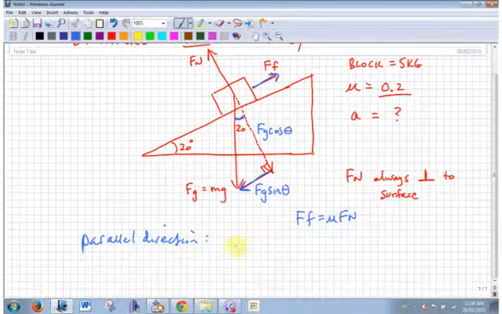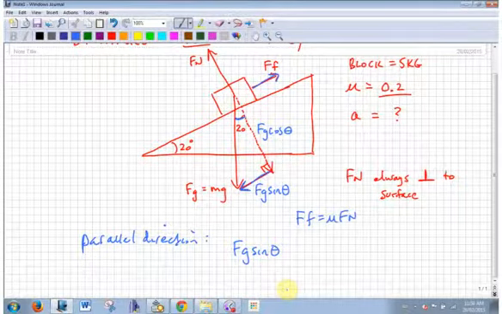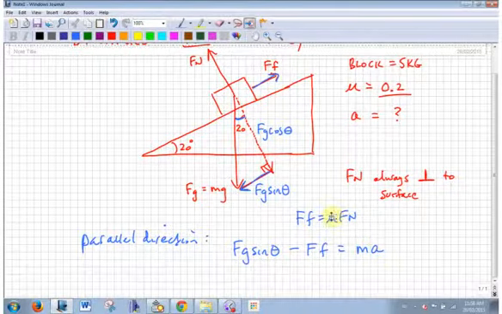So in the parallel direction, that minus that is the net force, which is ma. Okay, that's what's going to cause the motion if it slides down the slope.